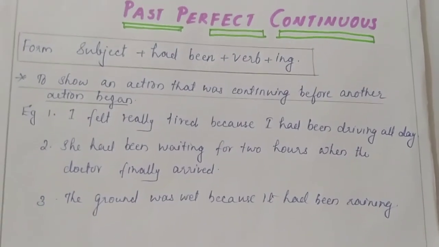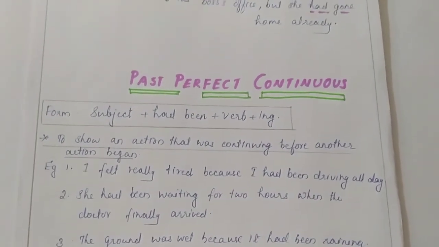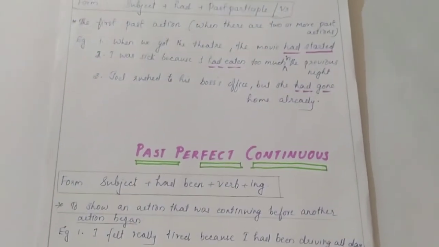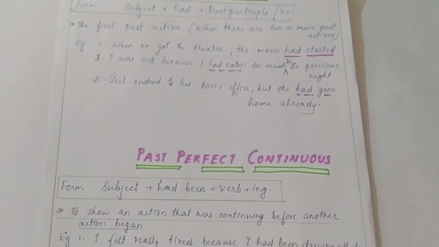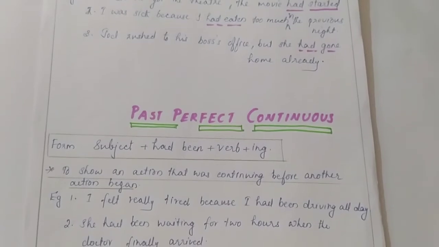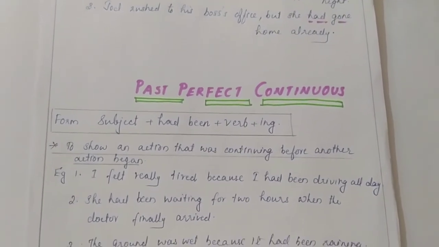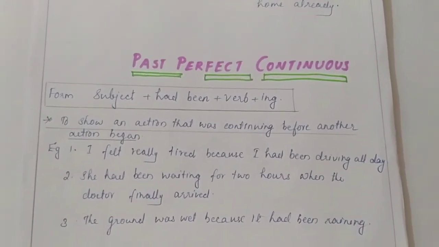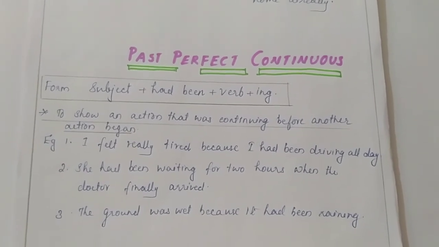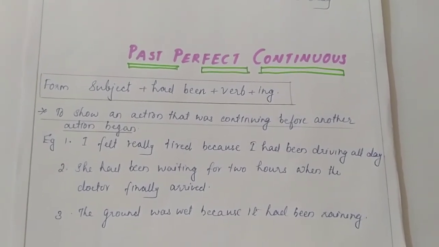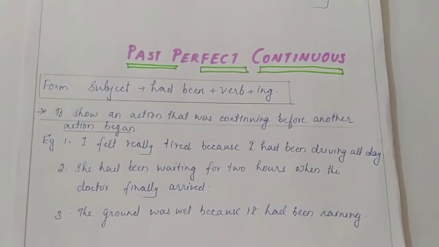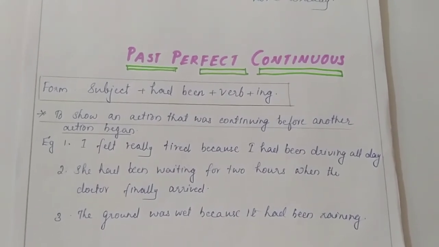Clear? So, in this video, you have got a clear idea about past tense. All the past tense divisions: simple past, past continuous, past perfect, past perfect continuous. Learn well all the verb forms and examples. Compare present tense and past tense.